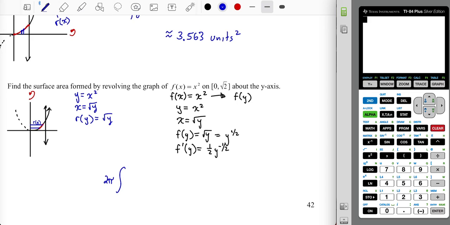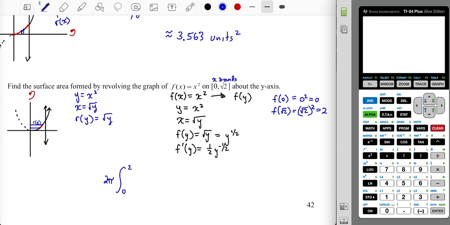So 2 pi over the interval of 0 to, well, actually, one sec, these are x bounds. So I would need the corresponding y bound. So let me find f of 0, which is 0 squared, which is 0. f of rad 2, which is rad 2 squared, which is just a 2.